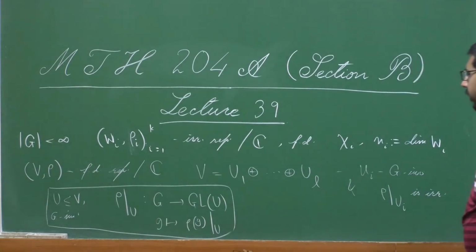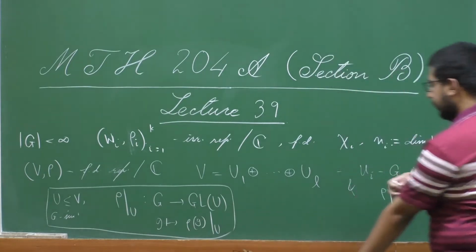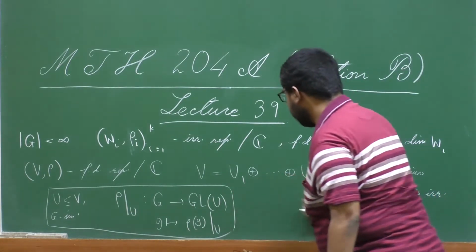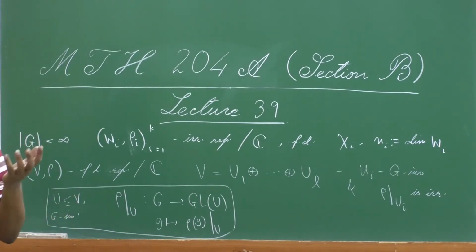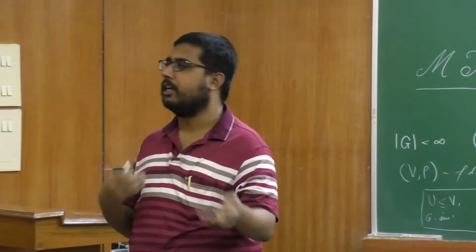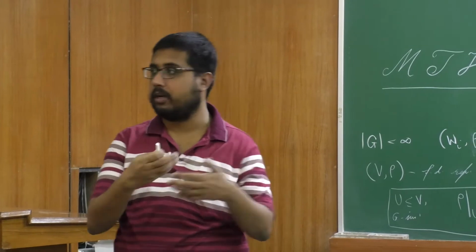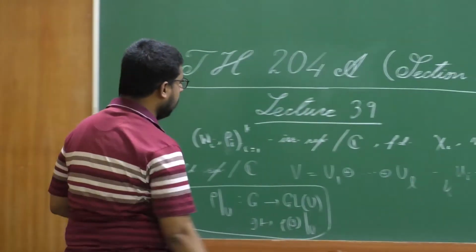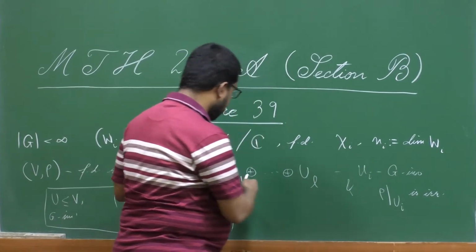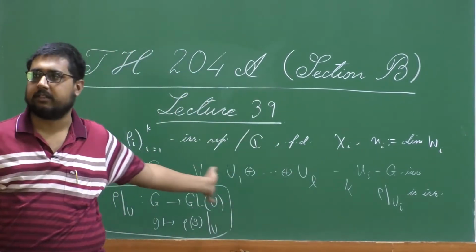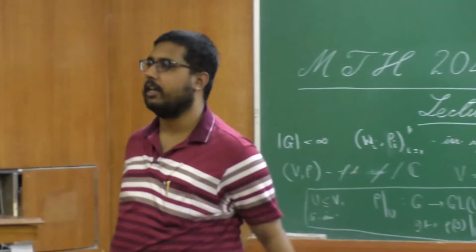In this decomposition there could be two summands for which the corresponding subrepresentations are isomorphic. It's not necessarily the case that all these subrepresentations are non-isomorphic.